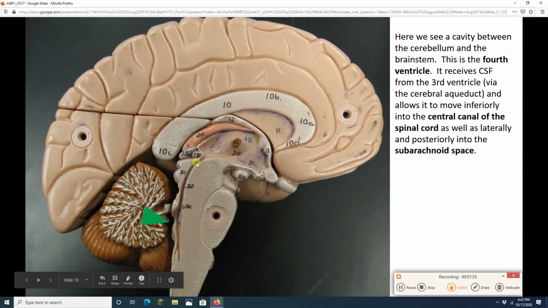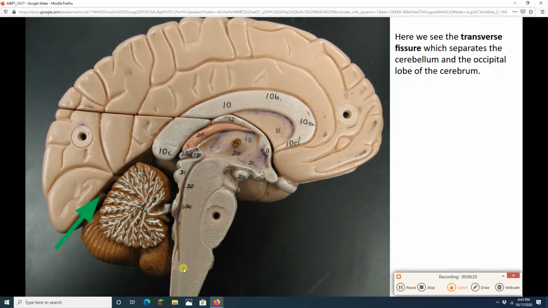CSF goes down the cerebral aqueduct to get into the fourth ventricle. There are openings in the fourth ventricle. One in kind of the middle of it and two to the side. And that's what lets CSF get into the subarachnoid space. CSF can also go down into the central canal of the spinal cord as well.